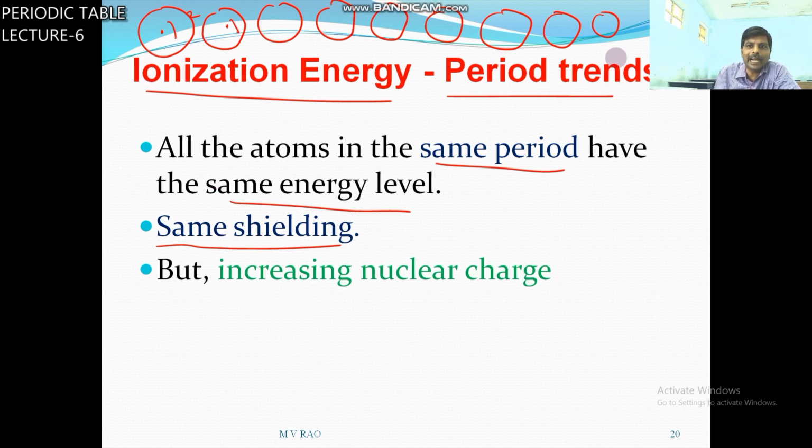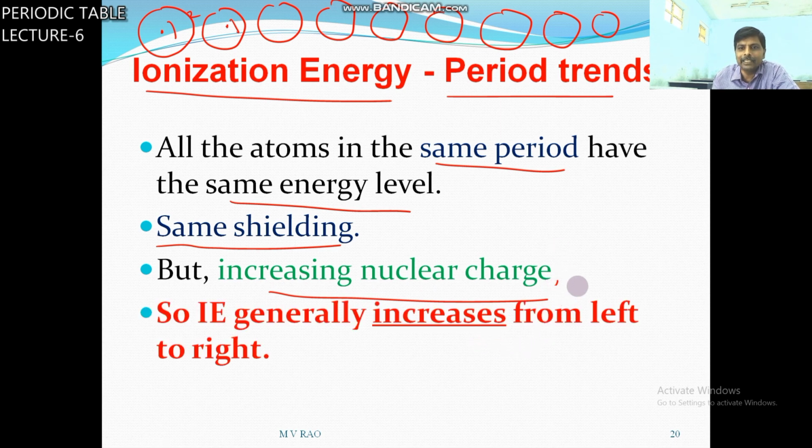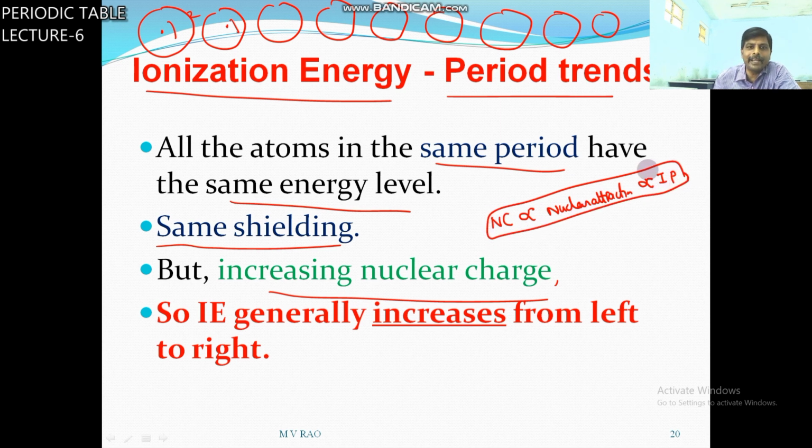But from left to right, atomic number increases, that means nuclear charge increases. As nuclear charge increases, nuclear attraction increases. As nuclear attraction increases, IP value increases. That means in a period from left to right, IP value increases due to increase in nuclear attraction.